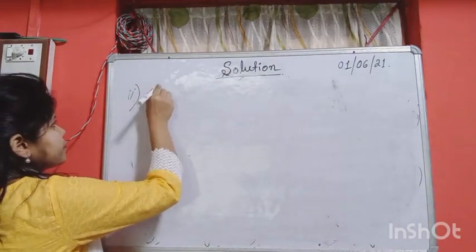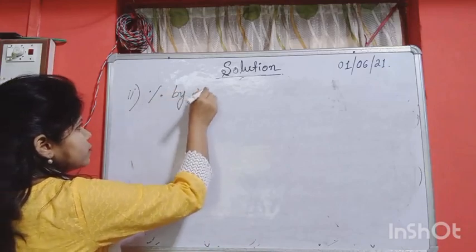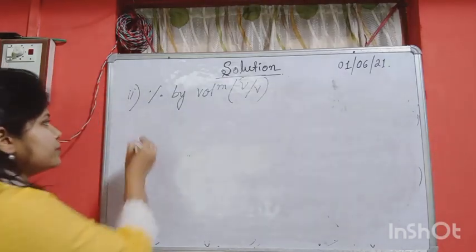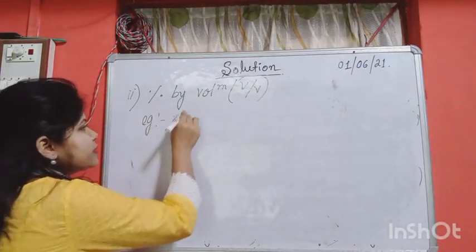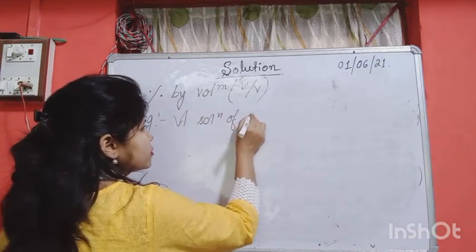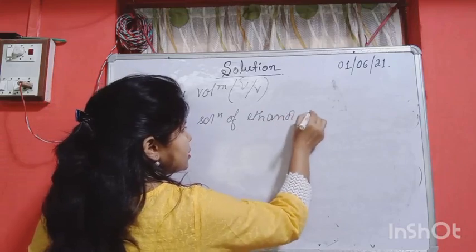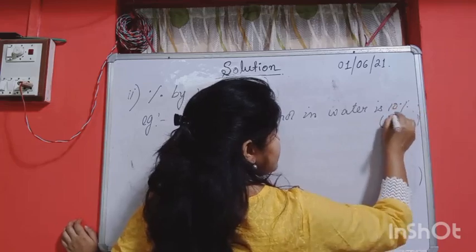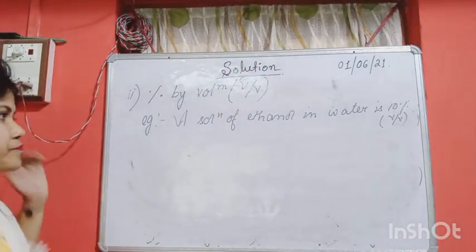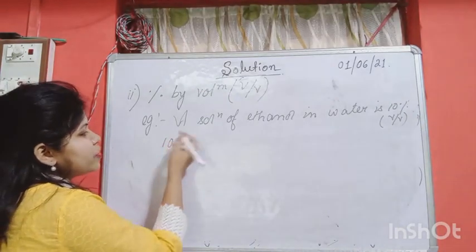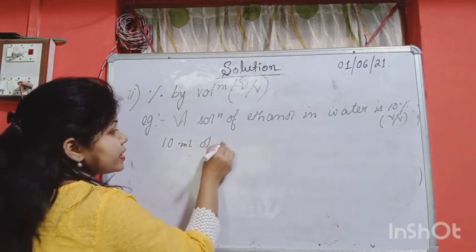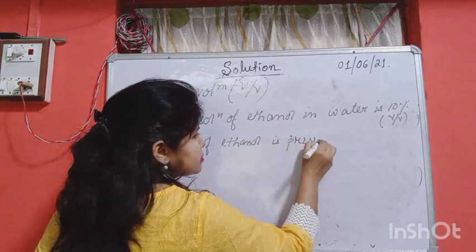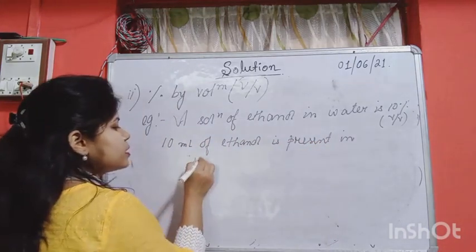Number 2, it will be percentage by volume, or V by V percentage. Suppose I am taking an example. Here as it is volume, I can say that a solution of ethanol in water is 10% V by V. So 10 milliliter of ethanol is present in 100 ml solution.